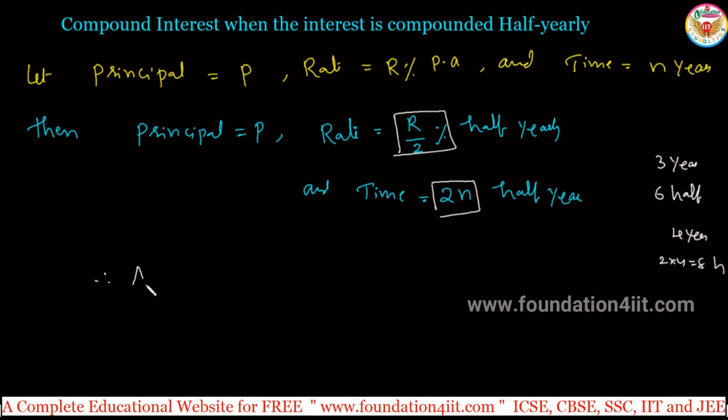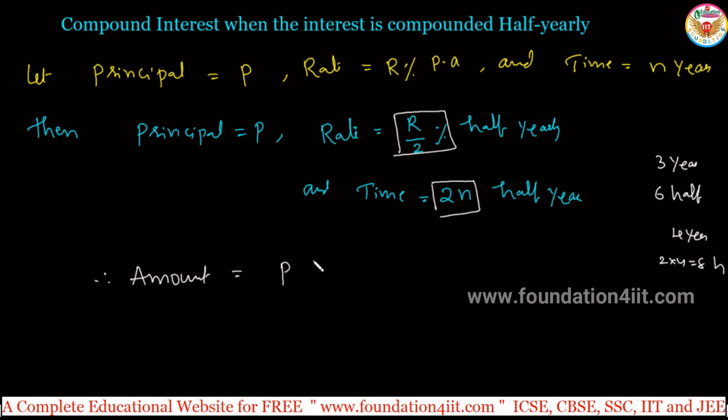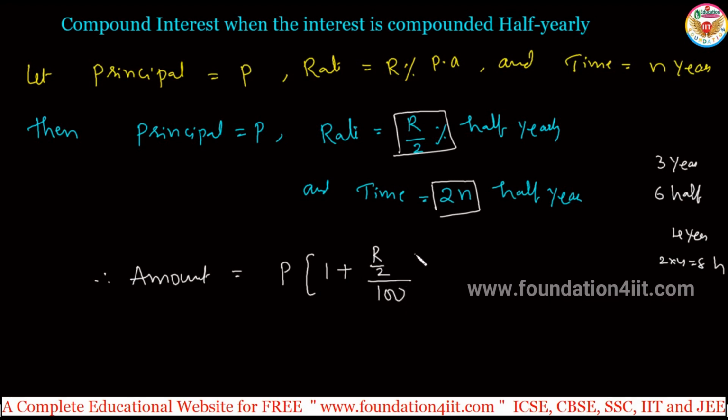So therefore, when compounded half yearly, this is the formula now. Amount is equal to P into 1 plus, instead of R, we take R by 2, by 100, whole to the power, instead of n, 2n we keep. Actually the compounded annually formula is P into 1 plus R by 100 whole power n, right?